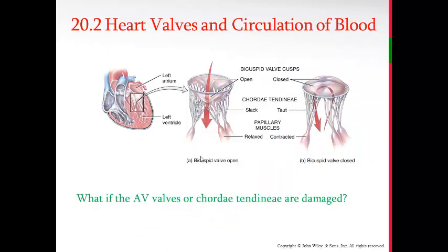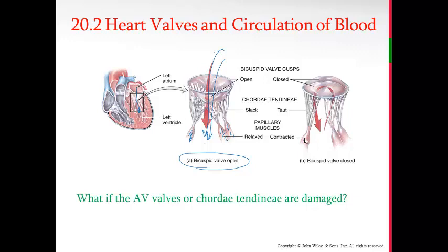So how the blood flows through these valves, using our bicuspid valve as an example: when your papillary muscles are relaxed, then these chordae tendineae, the heartstrings, are relaxed too. As a result, the valves are open. Then the blood can flow through from the atria to the ventricle. Over here, it will go from the left atrium to the left ventricle.